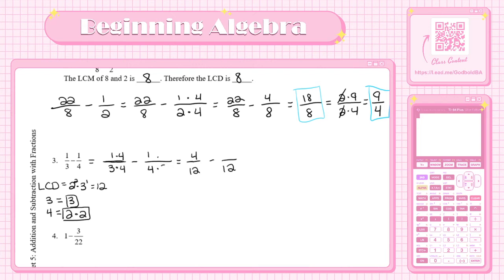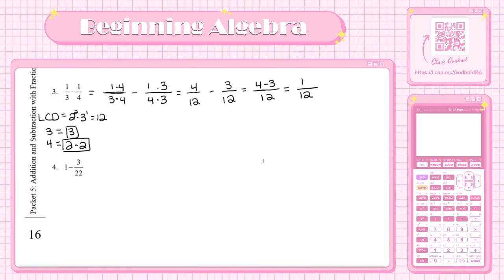And then 1/4 I need to multiply by 3 in the bottom, so I also need to multiply the top, so I get 3/12. So that gives me 4/12 minus 3/12, which is 4 minus 3 over 12, or 1/12.